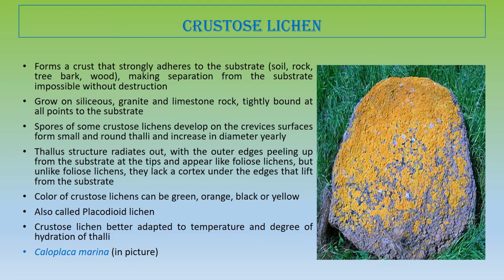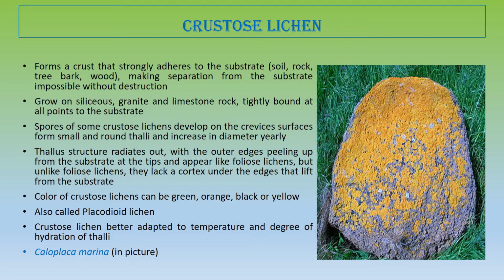During aridity or high temperature, the outer edges start peeling up from the substrate, and during this time the crustose lichen gives a superficial appearance like the foliose lichen, but actually it is not the foliose lichen, because if we observe it microscopically, we see that it has a different structure from the foliose lichen.